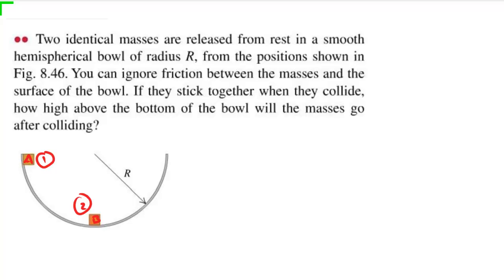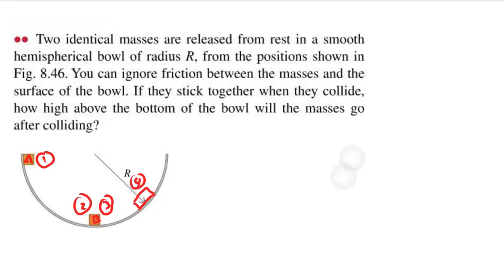So A is basically in the position where B is, but they haven't actually hit yet, because think of these blocks as being infinitely small. Then point 3 will be immediately after the collision, when A and B are stuck together, and at point 4 they're stuck together and up over here.